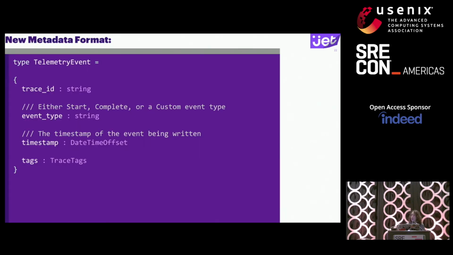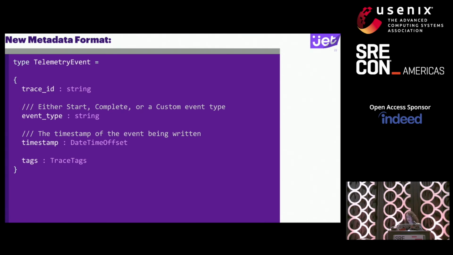So this is an example of our telemetry event type. Pretty simple, looks a lot like the trace context type that I showed you earlier. Basically, it's a GUID, which represents a unique instance of the trace. It's got a type of event, so we gave structure around operations. We may not be able to know if the entire action failed from one operation, but we can know if the operation failed. So we structured it to have either a start or complete, or maybe they want to have a custom tracing event that they define.